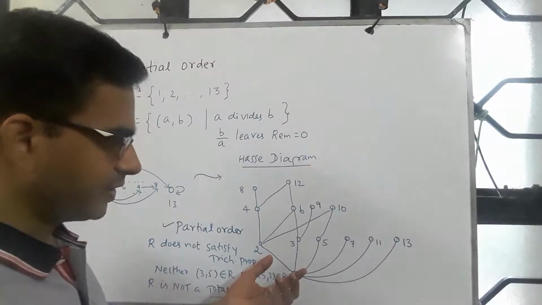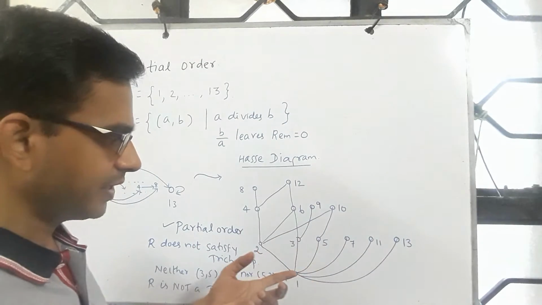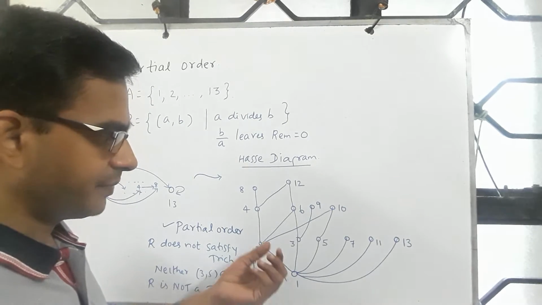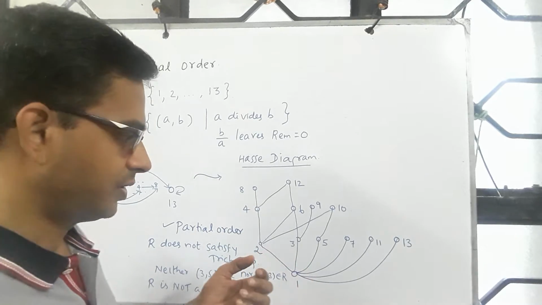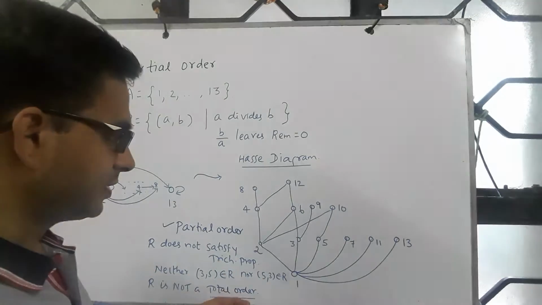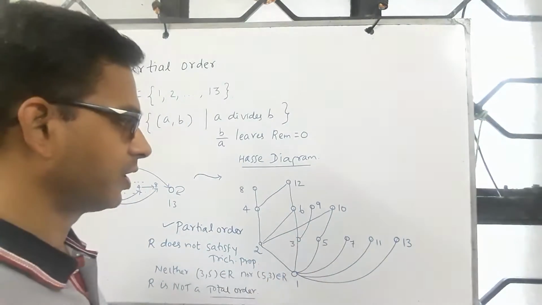And this is also giving us some more information. So given a Hasse diagram of this type, I can talk about something called least element, greatest element, minimal elements, maximal elements, and so on, which we shall see now. And the other thing is, this one is a partial order but not a total order.